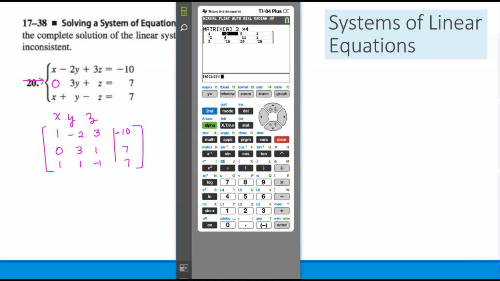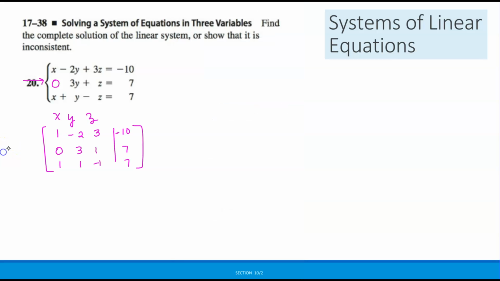So from here, we're going to get this put into our calculator. So we're going to say second matrix. We'll go over to edit. This first number is always how many rows there are. Then we're looking at how many columns there are. We have row 1, row 2, row 3, so that would be 3 rows.